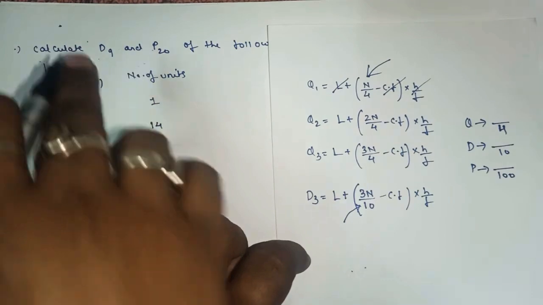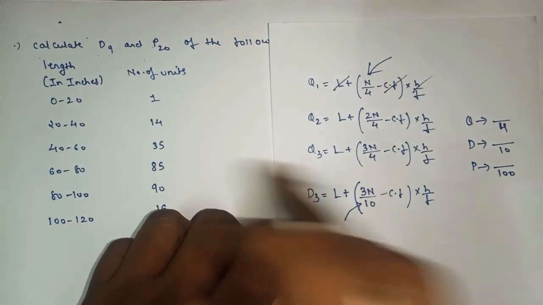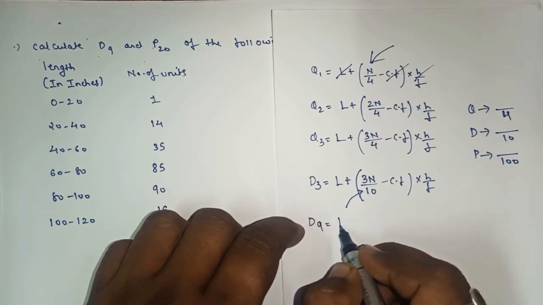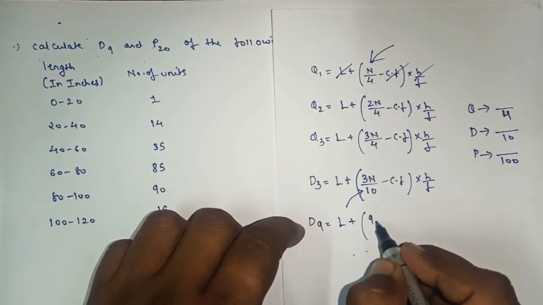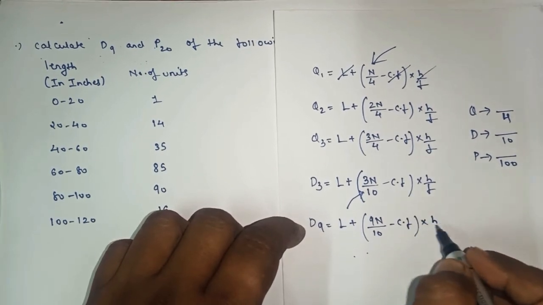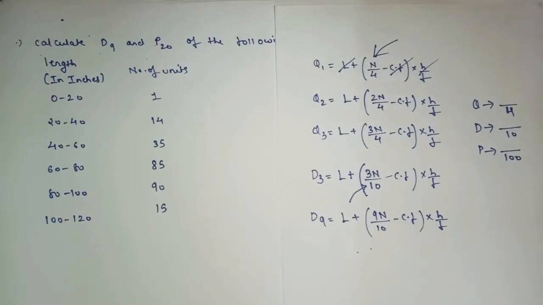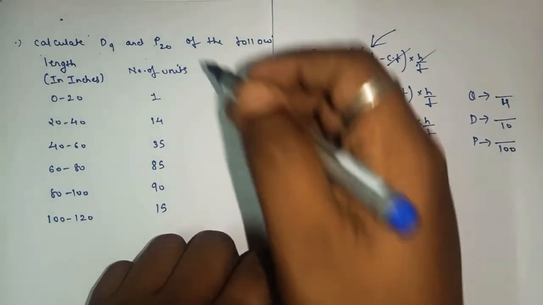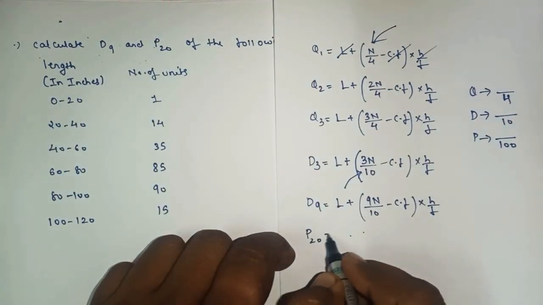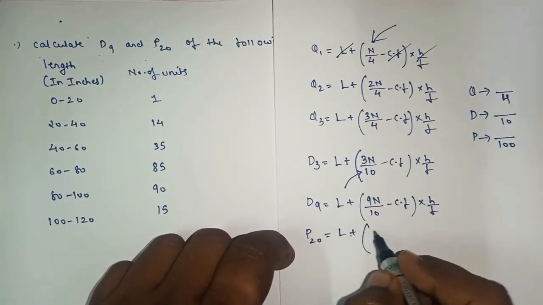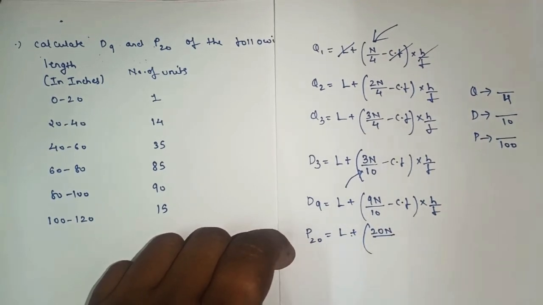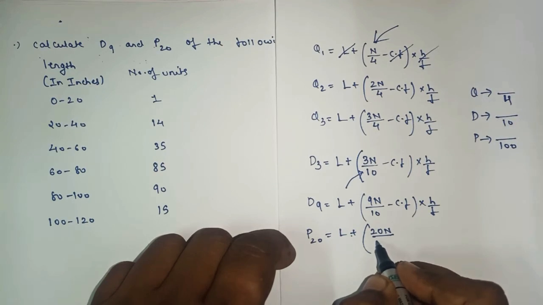Now suppose in this question we have to find d9. So d9 will be equal to L plus 9n upon 10 minus cf into h upon f. Now we'll see how to frame the formula for percentile. Here we have to find P20. So we'll write L plus 20n upon, here what will you write, 4, 10 or 100?